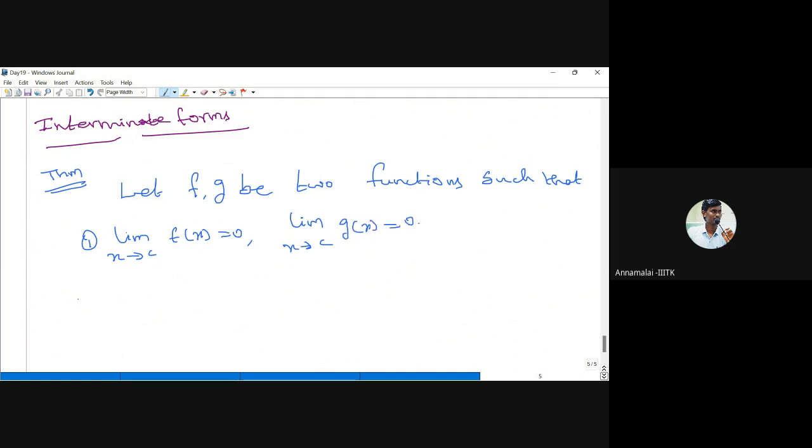And the second condition is that f dash of x and g dash of x both exist, but g dash of x is not equal to 0. So f dash of c also exists, and g dash of c also exists. Okay, and that should be non-zero. G dash of c should be non-zero. Then what is the limit of the quotient? Then the limit as x goes to c of f of x by g of x.